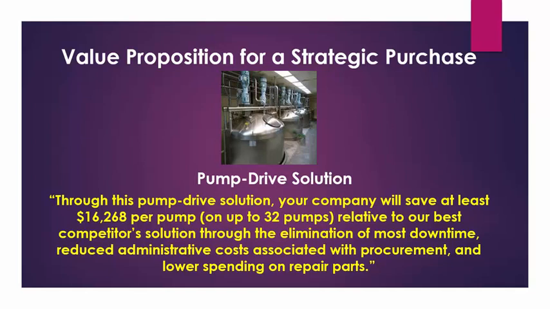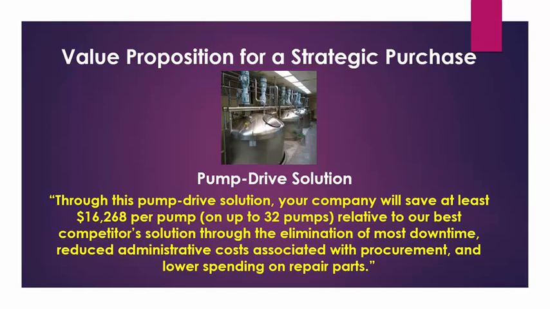All right, here's an example of a value proposition for a strategic purchase, and it's a pump that's used in a condiment producing plant. It's those little blue things at the top of the vats.